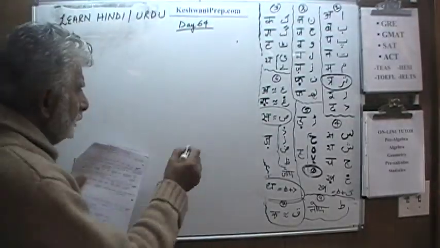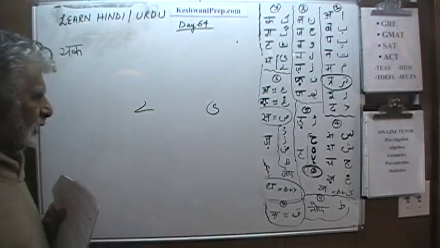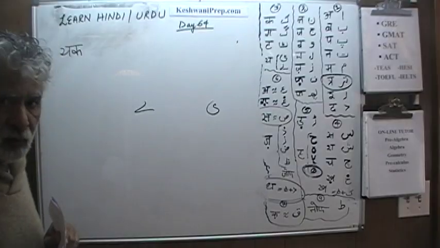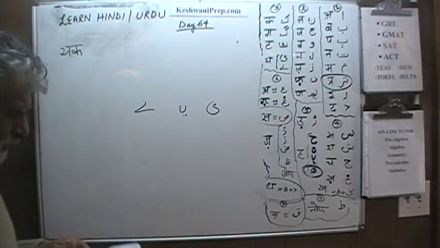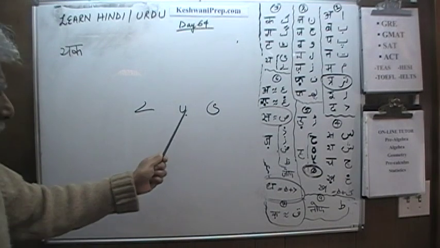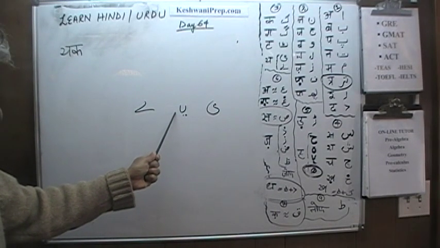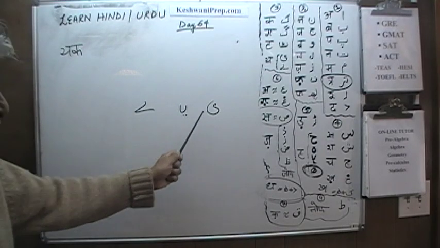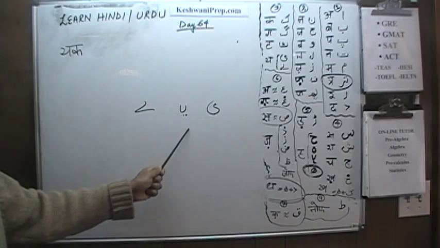As we know, whether it's a choti ye or badi ye, when either of these two letters appears in the middle of a word, it takes this shape. But when this letter appears in the middle of the word representing either a choti ye or badi ye, it is being used as a matra.